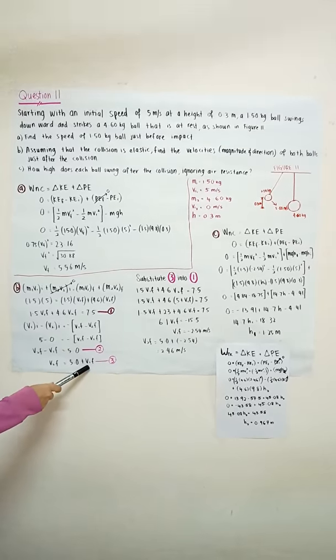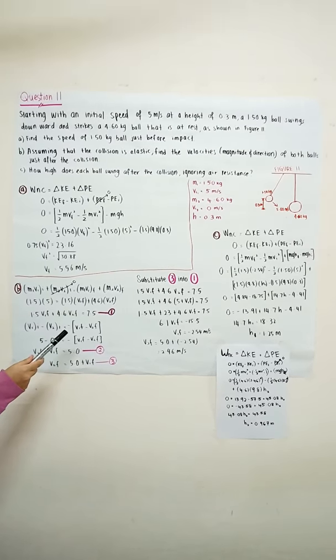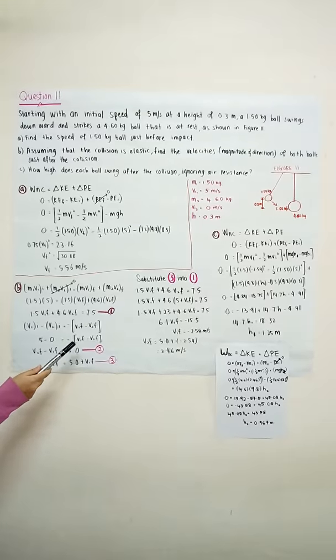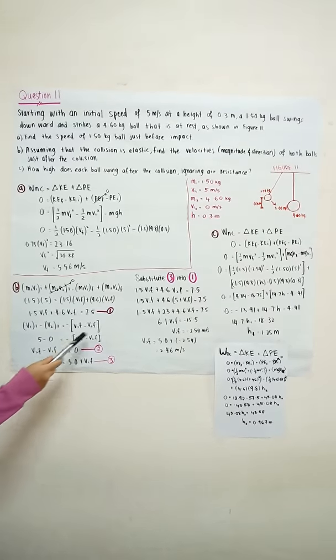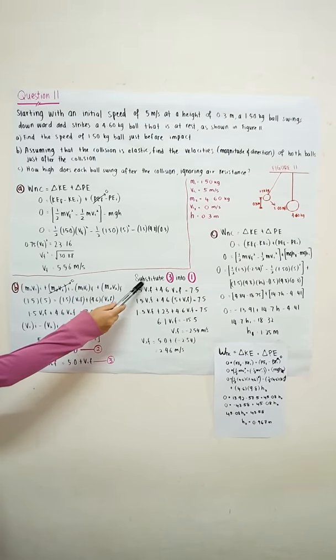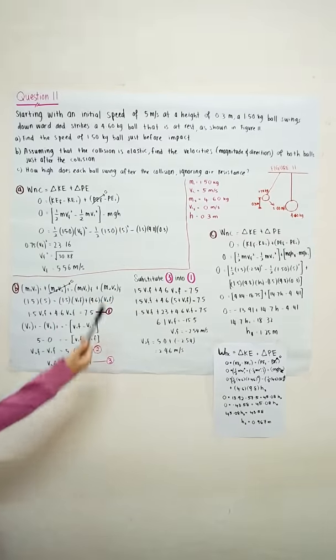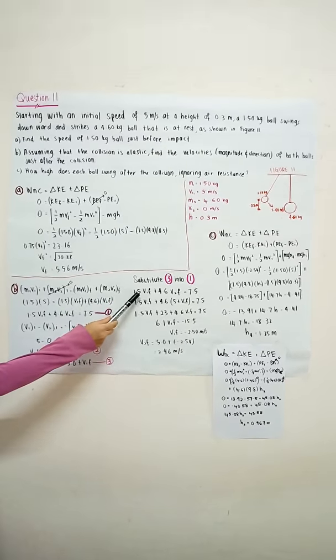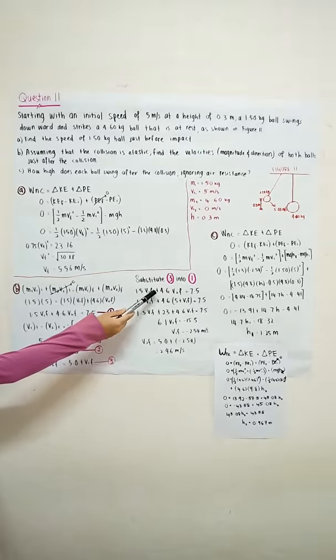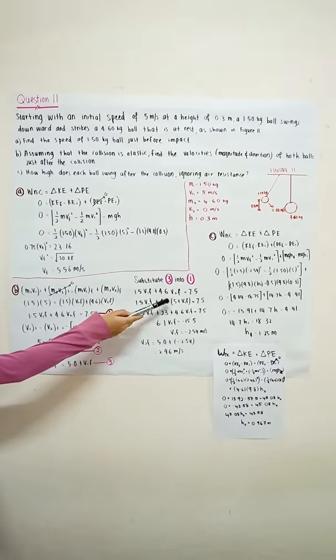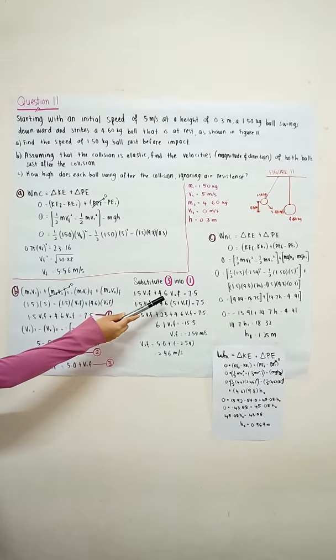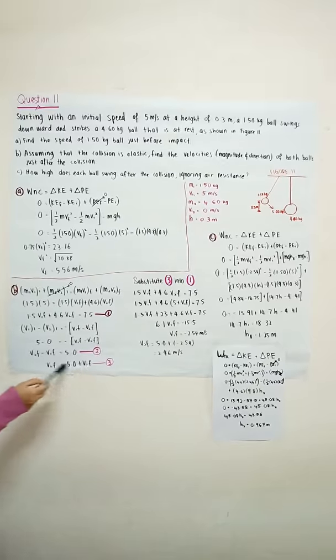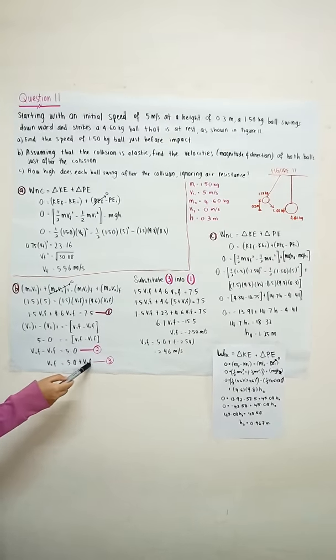Then to find v1 final and also v2 final, we need to substitute the third equation into the first equation. Okay, then we get 1.5 v1 final plus 4.6 v2 final equals 7.5, where v2 final is 5.0 plus v1 final.